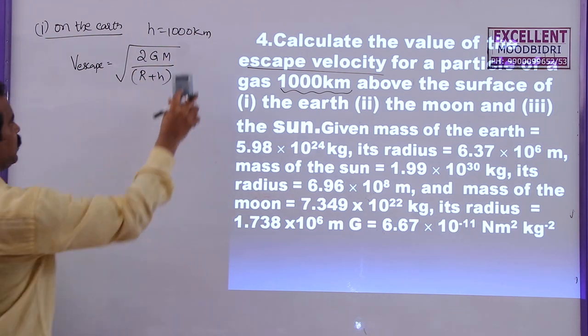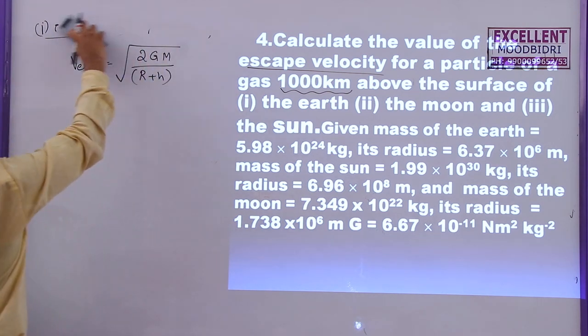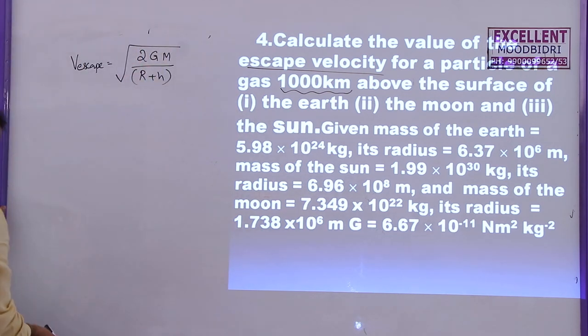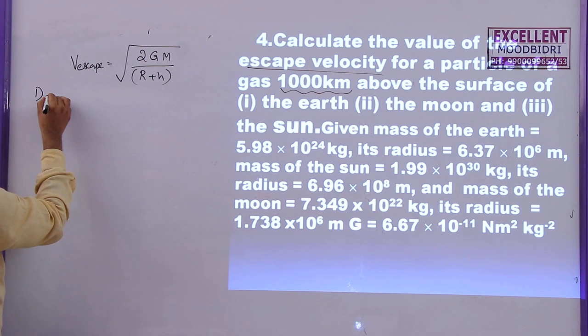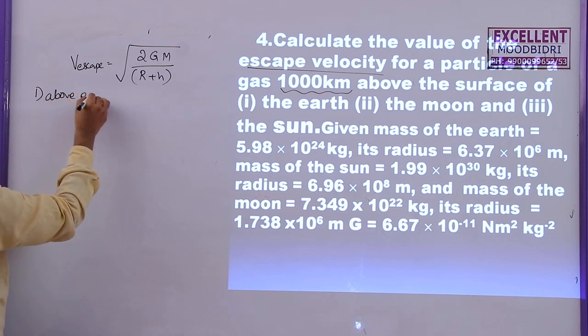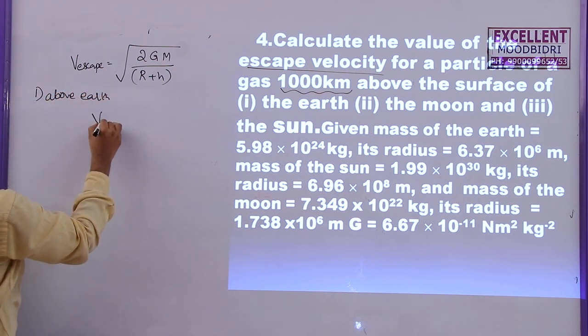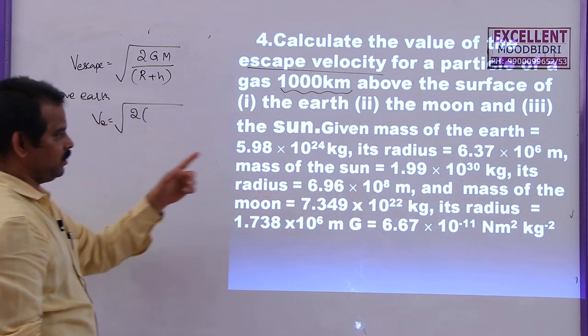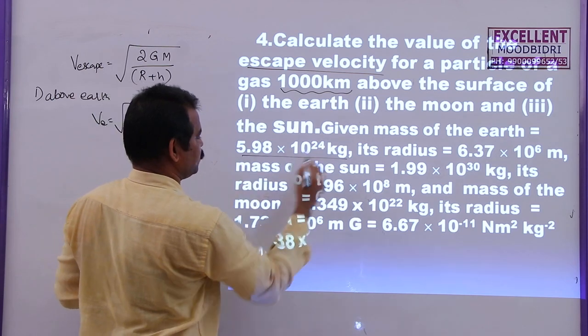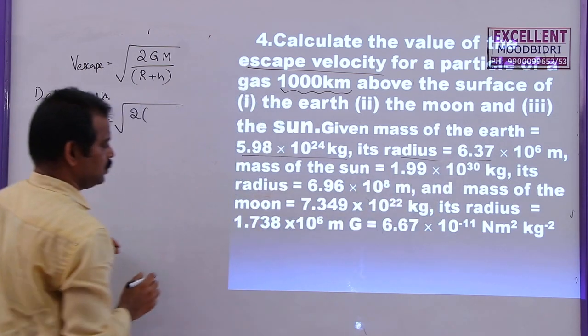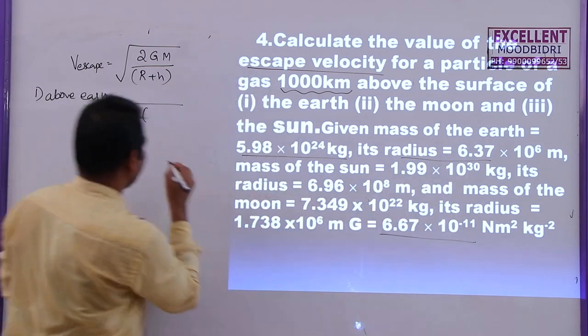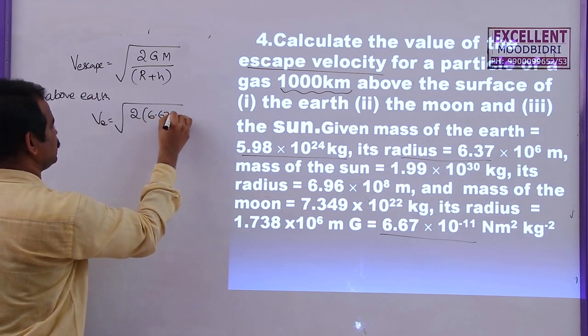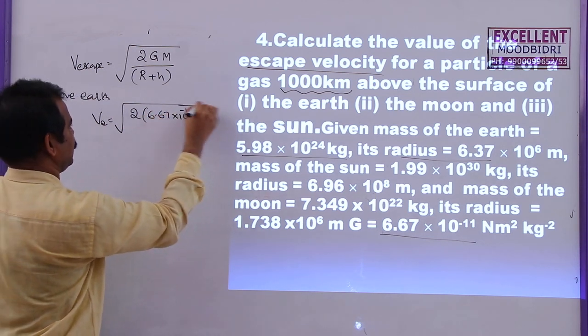So now first let me take above the surface of earth. So first one, above earth, this is given by root over 2. What is G? Here the data is given: mass of earth is this much, radius of earth is this much, and capital G value is this much. So this is 6.67 into 10 power minus 11.